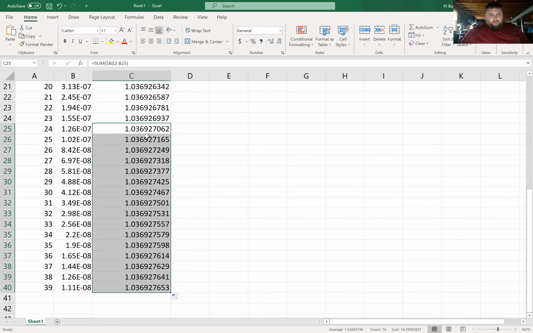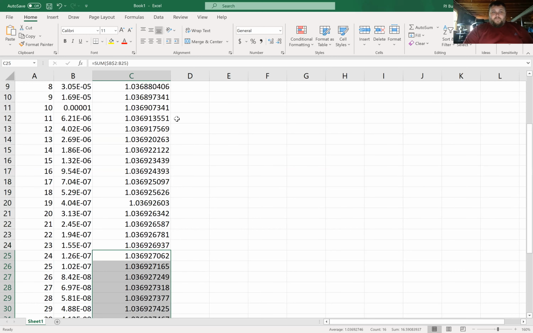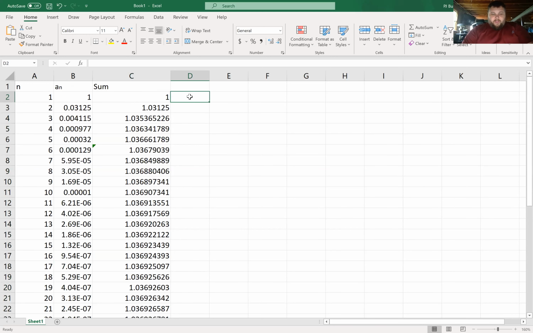So notice all of these are 03692. The digit after might change, but they're all 3692. And I can do this for as many terms as I like, but it shouldn't change from those first 5 digits. So my sum that I'm looking for is that.